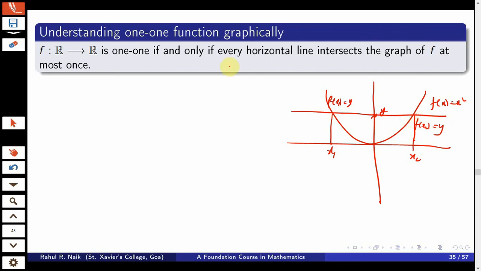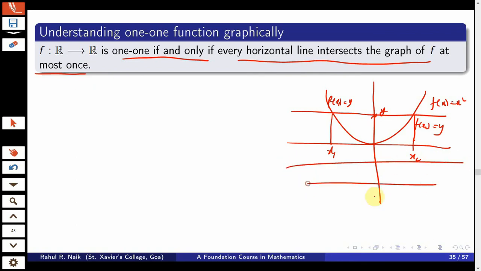So therefore a function f from R to R is 1-1 if and only if every horizontal line intersects the graph of f at most once. It should not intersect the graph more than once. It may never intersect the graph.